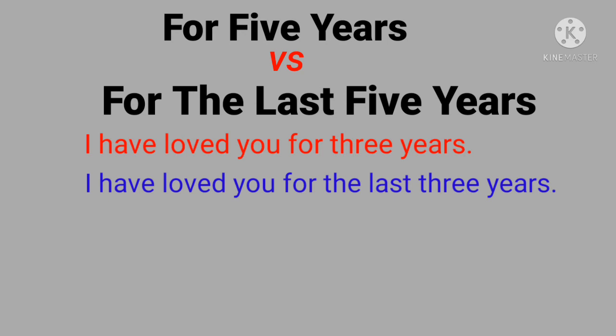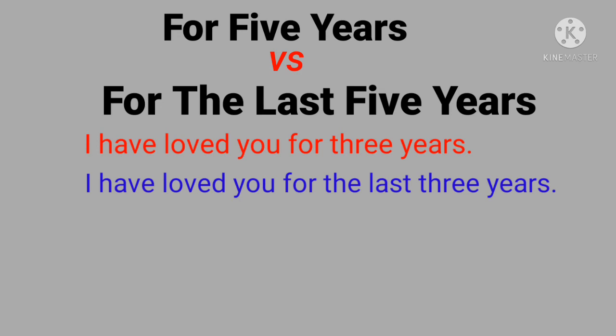For example, I have loved you for 3 years. I have loved you for the last 3 years. Use "for the last 3 years" to mean that I started loving you 3 years ago and I still love you. Use "for the last" because otherwise it might mean something different.